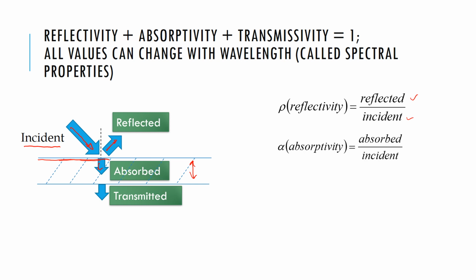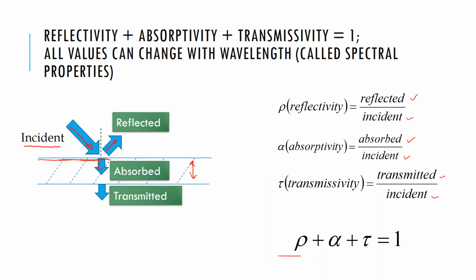Likewise, absorptivity is the amount absorbed over the amount incident, and transmissivity is the amount transmitted over the amount incident. Since these are fractions of incident energy and the total energy is conserved, their sum is equal to 1. This is a very important relation that we will use.